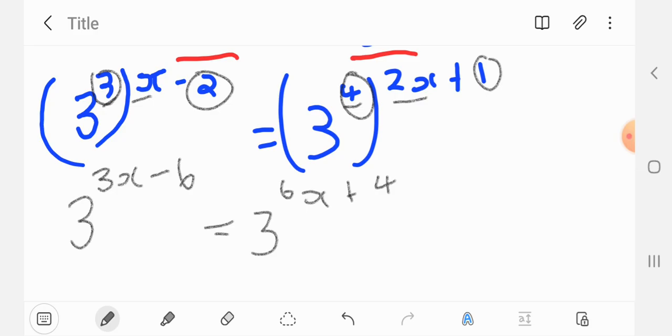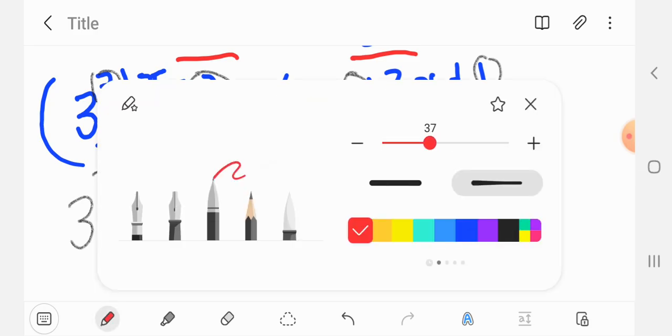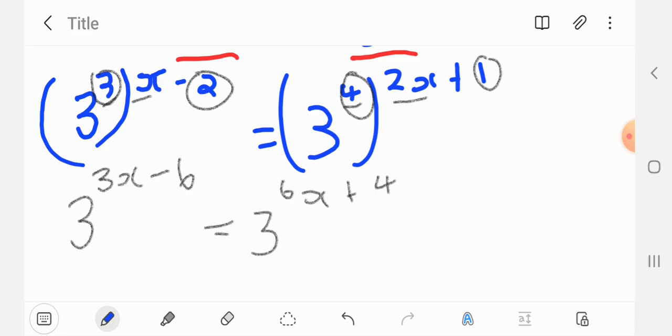Okay, so we are where we want to be. The bases are the same.